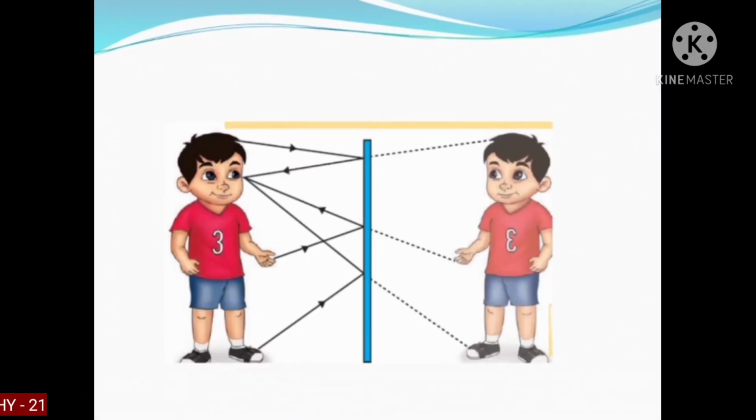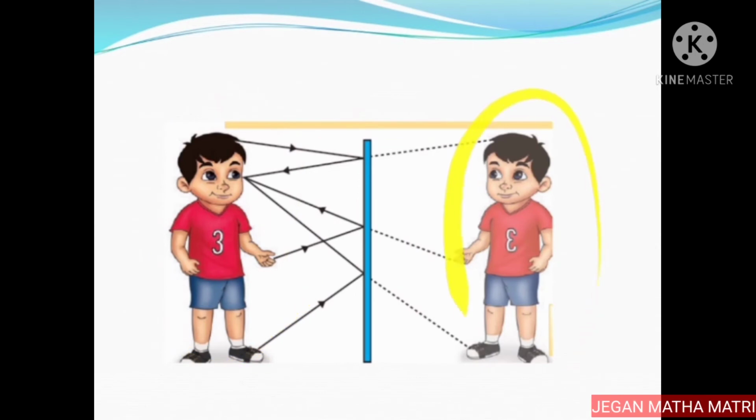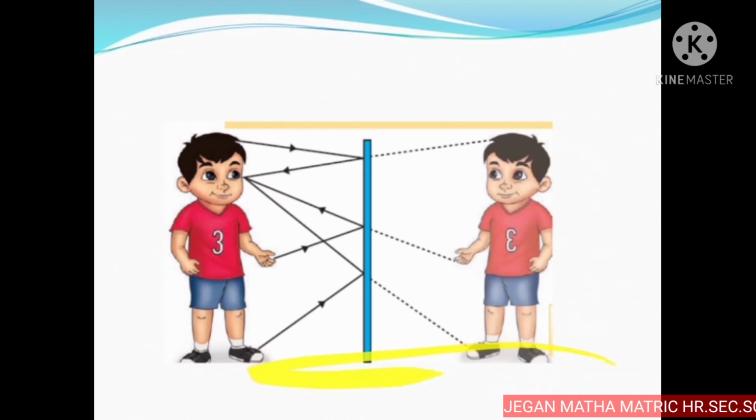So next let us learn the properties of image formed in a plane mirror. So this is a plane mirror. This is an object and this is the image after reflection. So the image is upright. The image and the object are the same size.